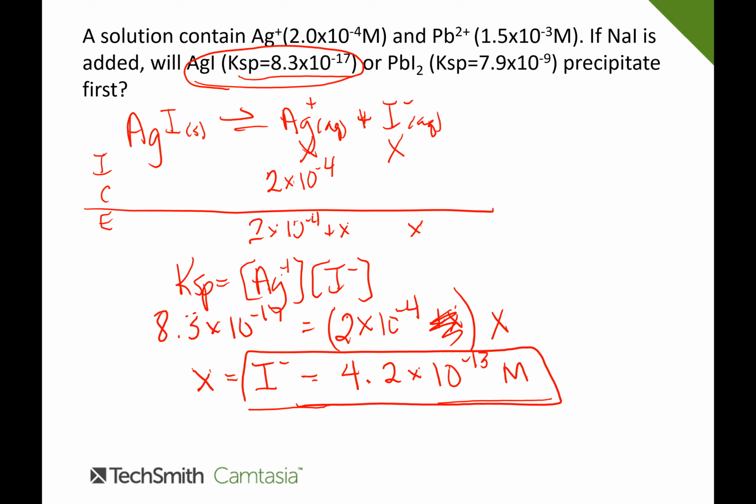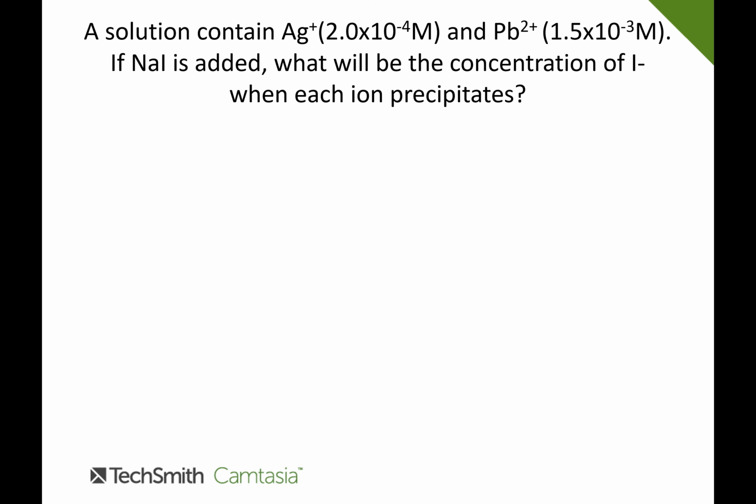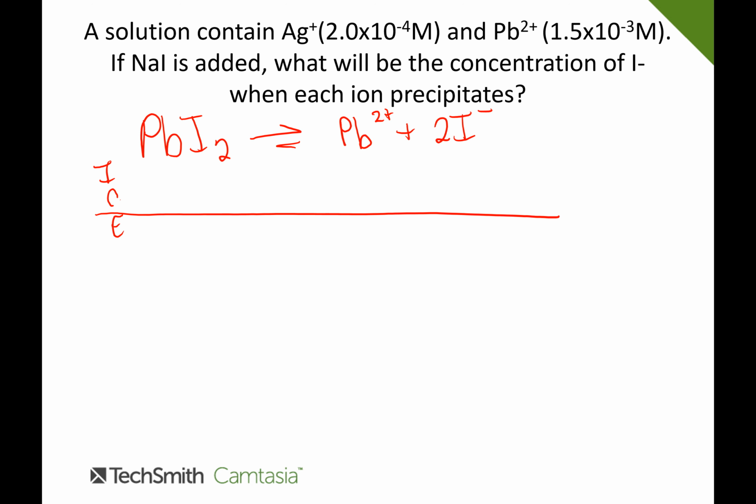Now we're going to do the same thing for the PbI2. And that's going to separate into Pb plus 2 and 2 I minuses. All right, and I have 1.5 times 10 to the negative 3. This is X, and this is going to be 2X.